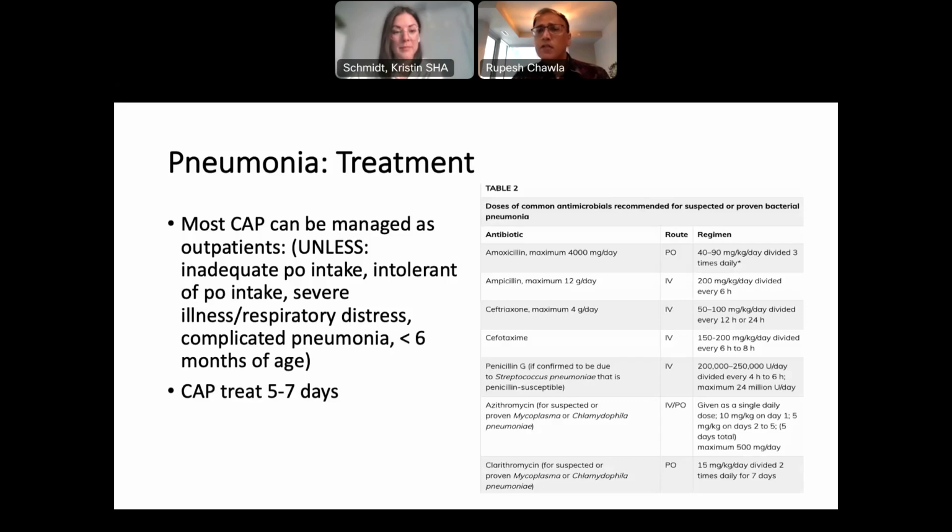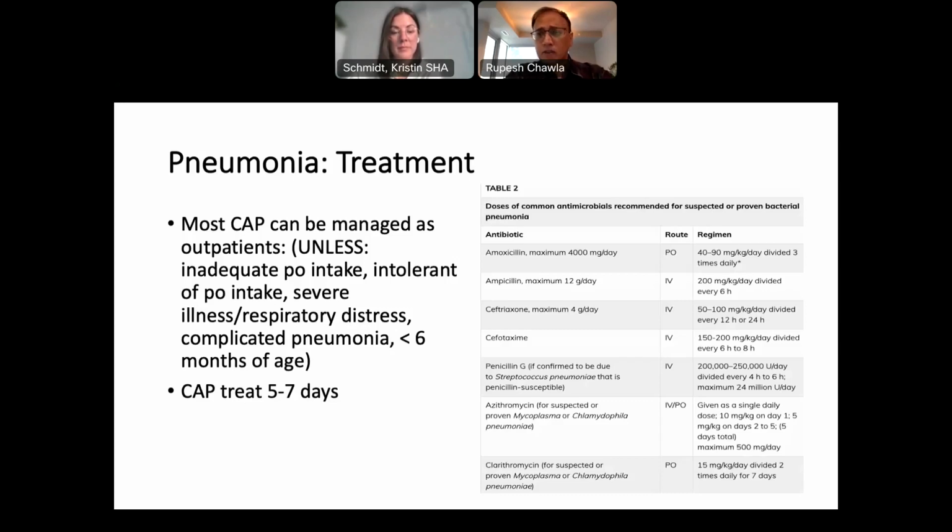The reasons that you would consider parenteral therapy are inadequate PO intake, where they're just vomiting and intolerant of PO intake, a severe illness or respiratory distress, or worry of a complicated pneumonia, and sometimes in younger kids as well. At less than 6 months of age, you should strongly recommend those patients be admitted to hospital and consider parenteral antibiotic therapy.